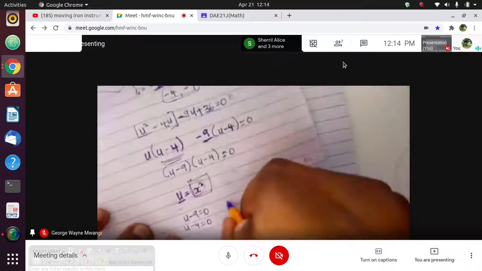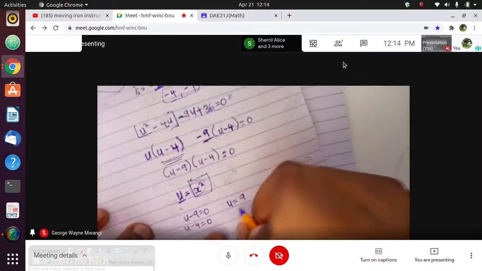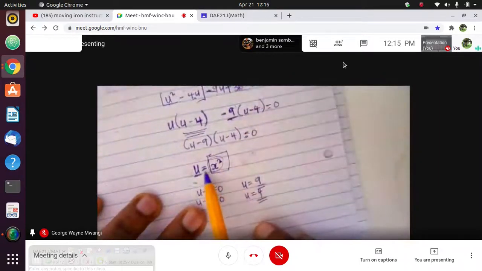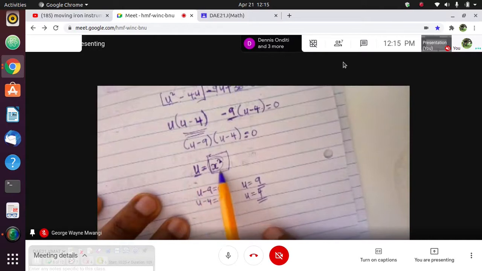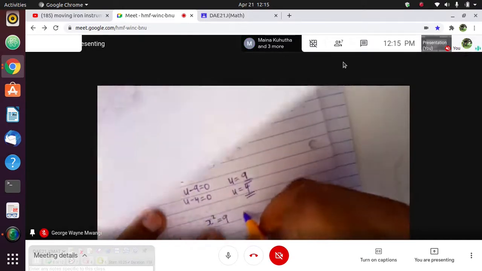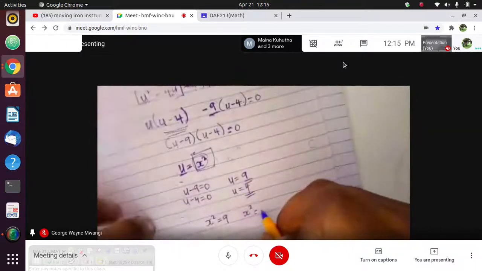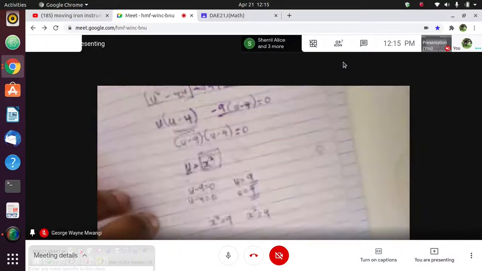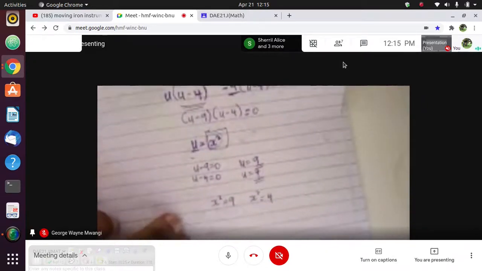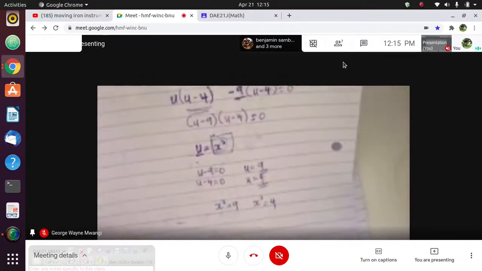So the values of u are u is equals to 9 and u is equals to 4. But as I've mentioned before, the value of u is equals to x squared. So therefore, x squared is equals to 9 and x squared is equals to 4.